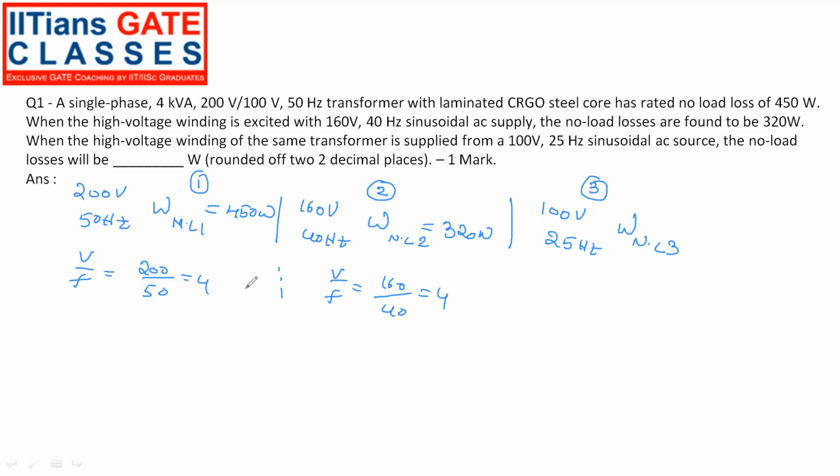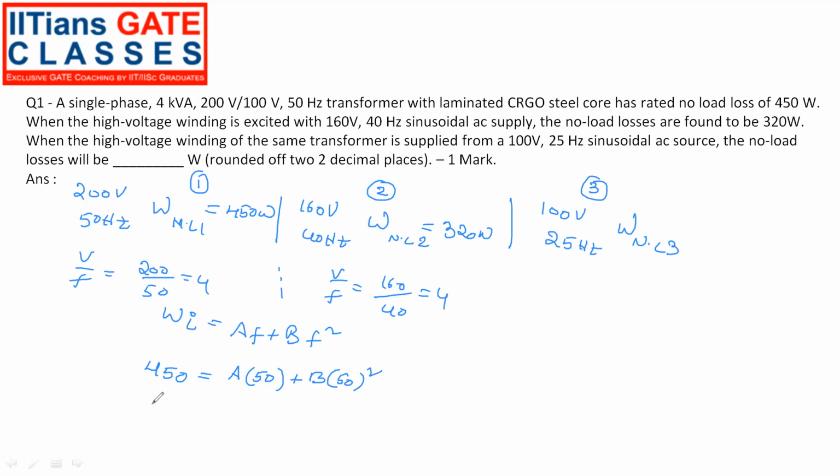When V by F is constant, we can write iron losses as W iron equal to AF plus BF square, where A and B are constants. No load losses are nothing but the iron loss. You just substitute the values. For the first case, we have 450 equal to A into 50 plus B into 50 square.